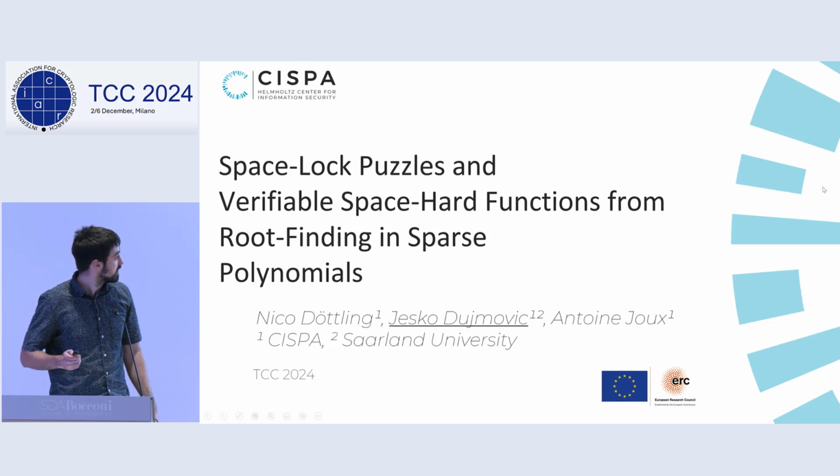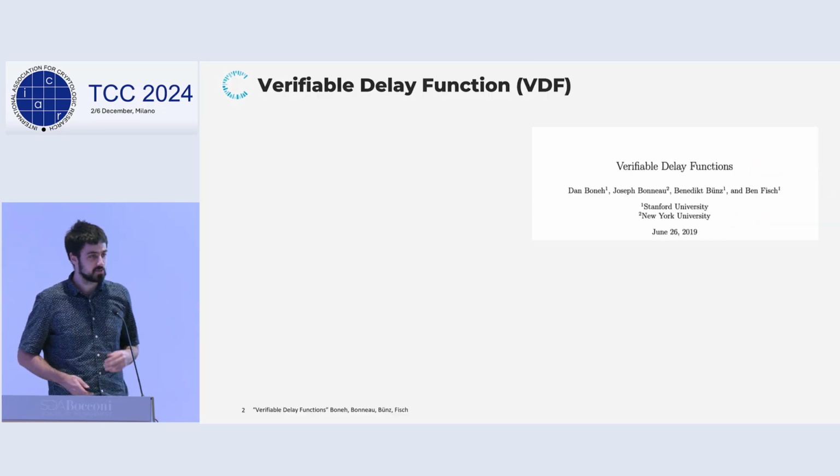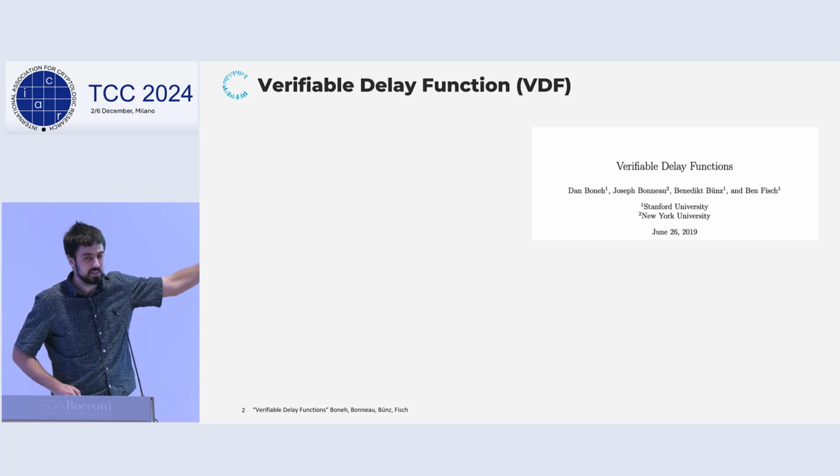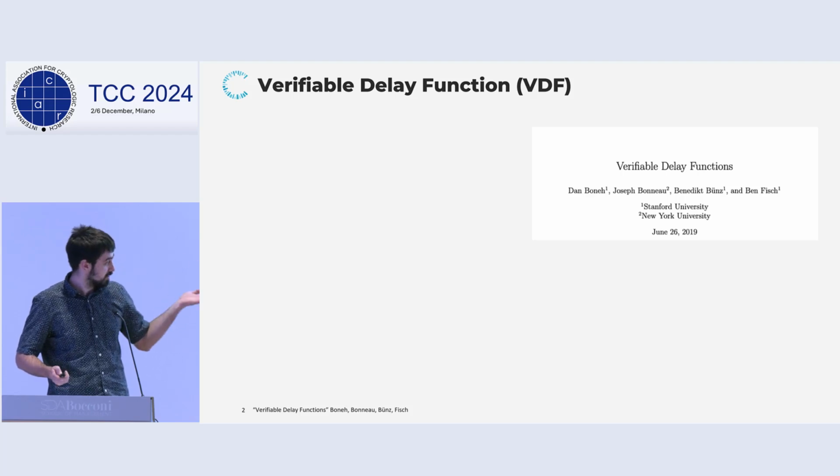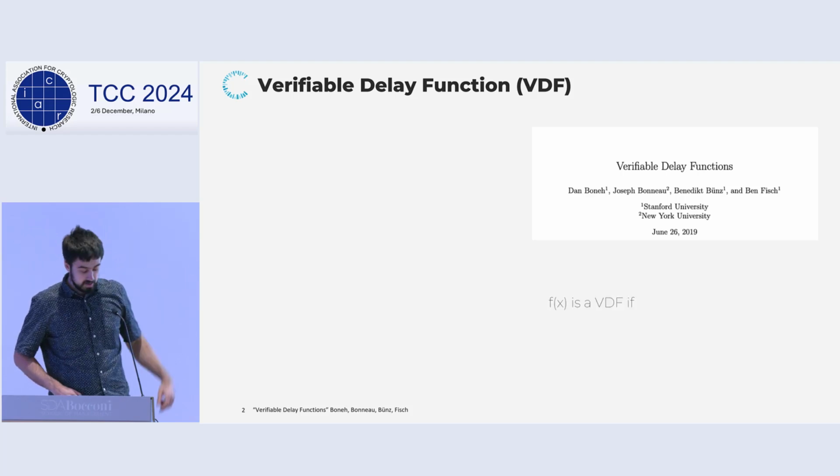Okay. So our story today starts with verifiable delay functions, both the concept and the paper. So in 2018, the ePrint version is 2019, but anyway, in 2018, there was this paper, verifiable delay functions, and they defined a notion, verifiable delay function.